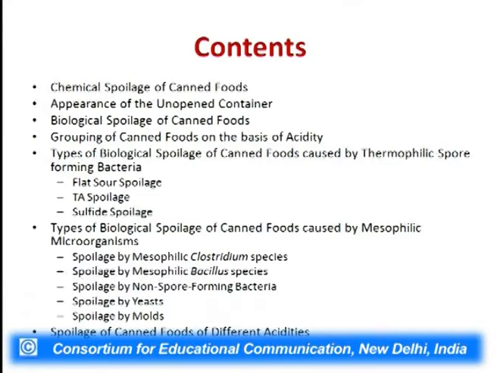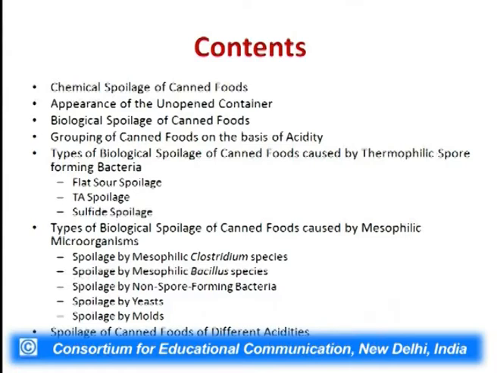Then I will be discussing biological spoilage of canned foods, grouping of canned foods on the basis of acidity, what are the types of biological spoilage of canned foods that is caused by thermophilic spore-forming bacteria, and in this I will be covering flat sour spoilage, TA spoilage and sulfide spoilage.